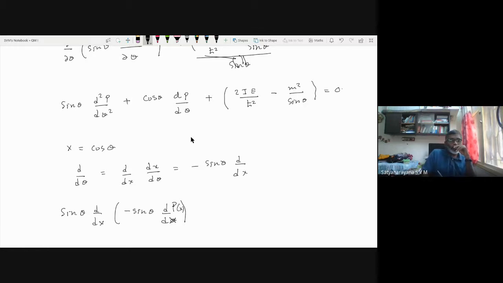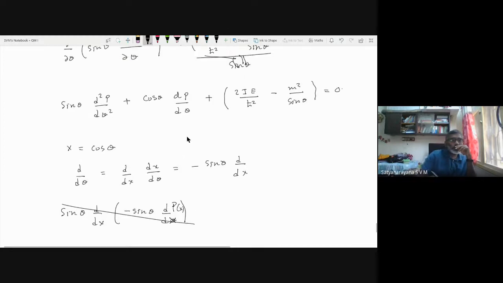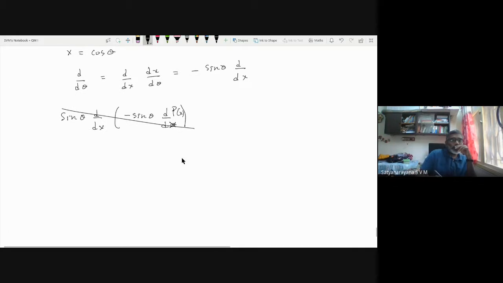So maybe let us just take this first term and write that as sine theta into d by d theta, written as minus sine theta d by dx acting on P of x.